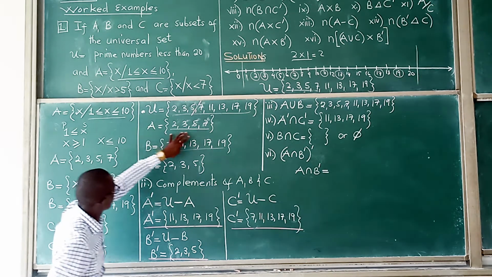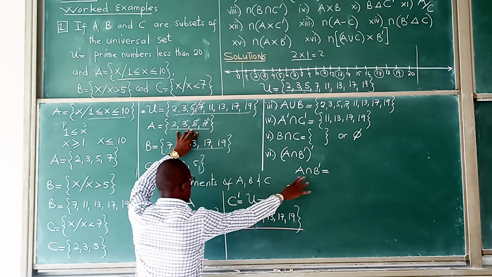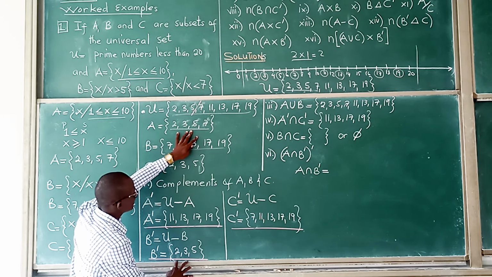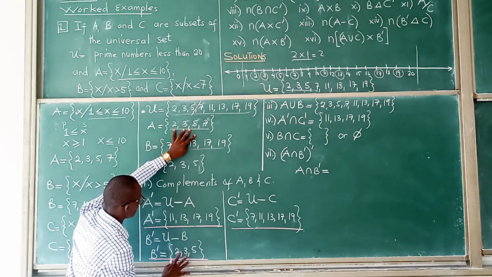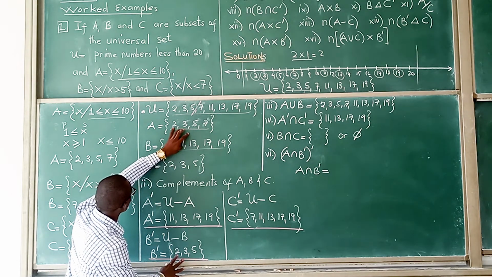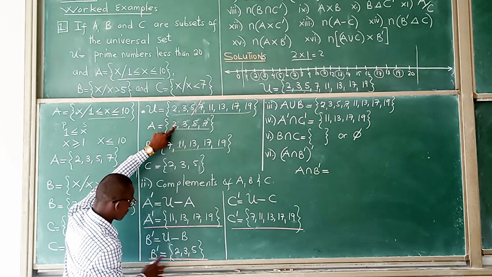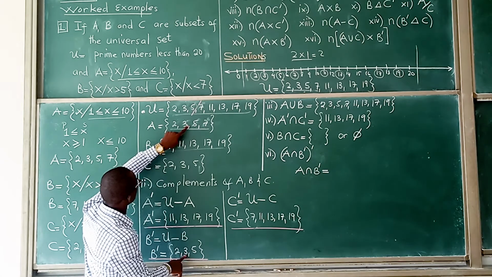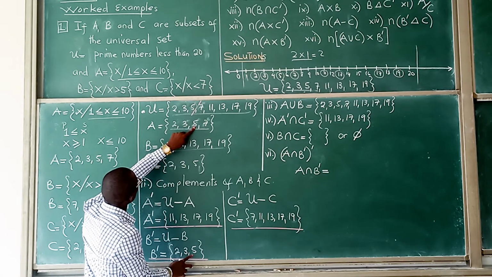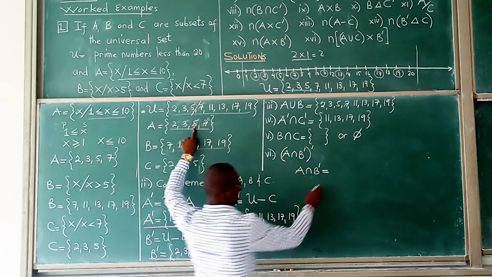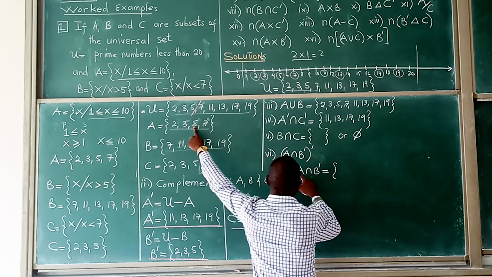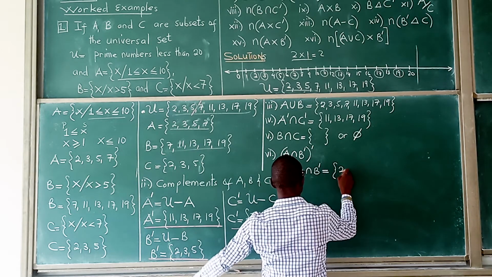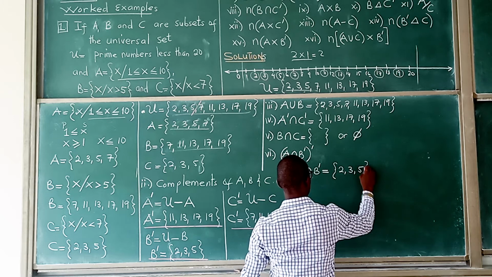Look in set A and look in set B prime. What are those elements that are within set A that are also within set B prime? In set A we have 2, in set B prime we have 2. Set A we have 3, B prime we have 3. Set A we have 5, B prime we have 5. So the intersection for A intersect B prime is just 2, 3, and 5.